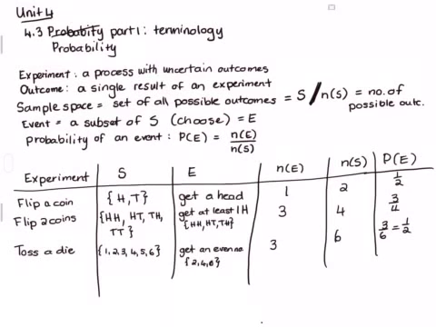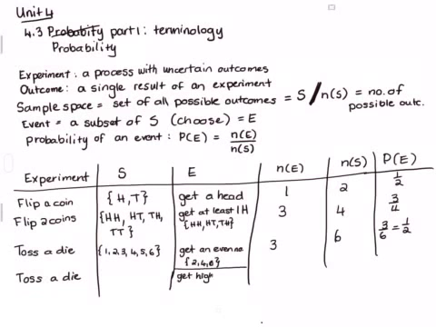Well, think about it again. The even numbers are exactly half as many as all the numbers. Let us do another toss a die. So I'm not going to fill in S again, it's the same. I'm going to make a new event. Just make a line here.